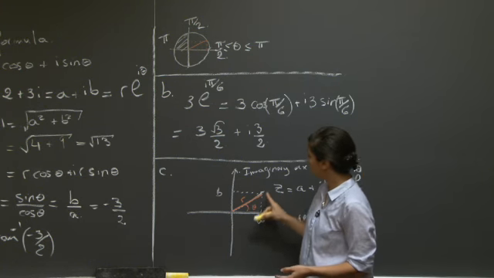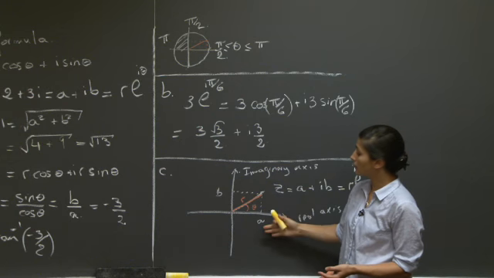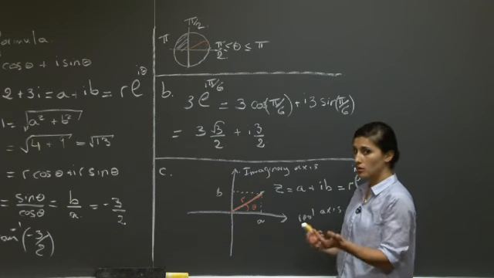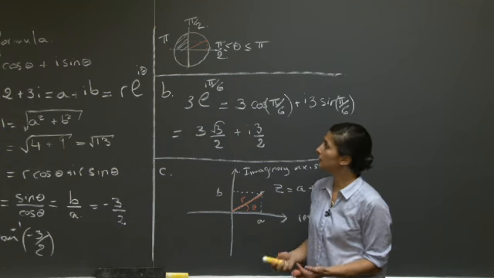So that's roughly the triangle that allows us to go back and forth between the rectangular and polar coordinates.